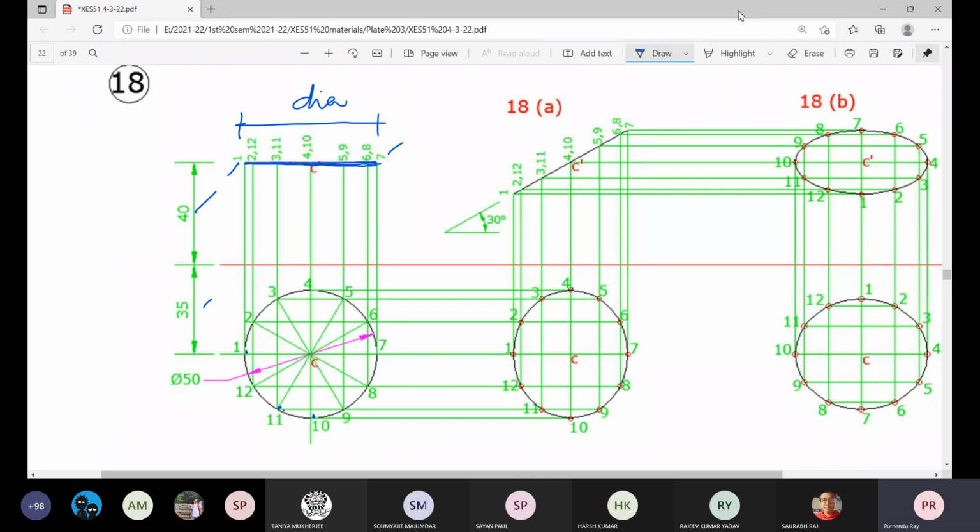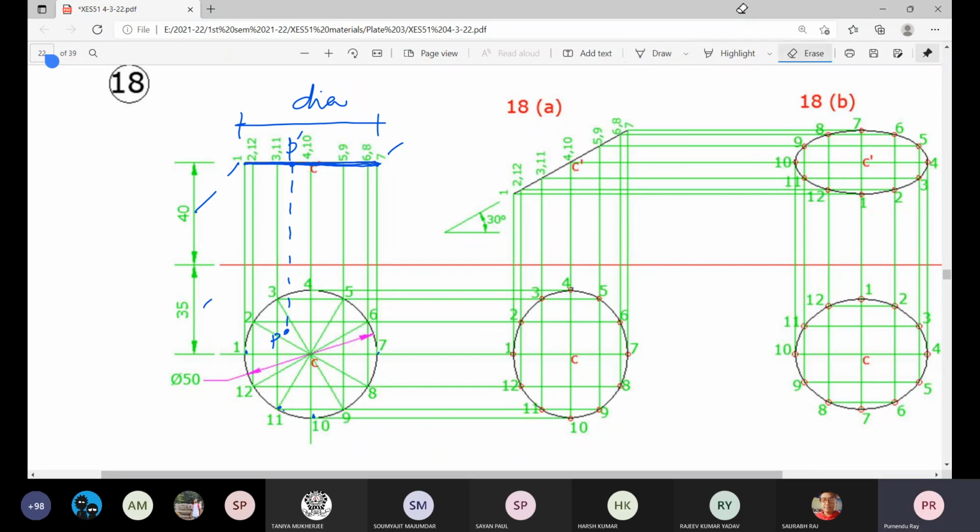If we consider any point on the plate, suppose point P, the primary logic is that plan and elevation are connected by a single projector line, and the elevation will be located on this whole elevation of that circular plate. So similarly, for point 1 and point 7, these are the extremities.